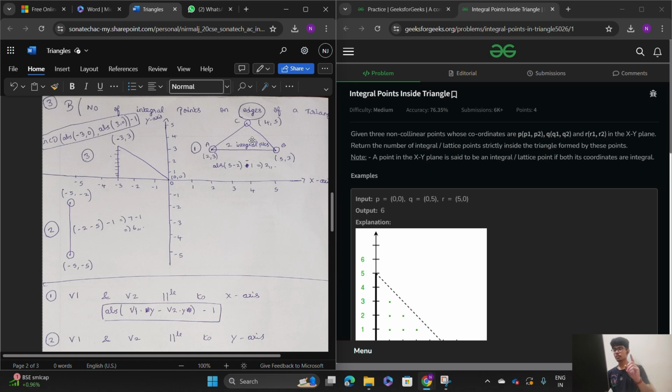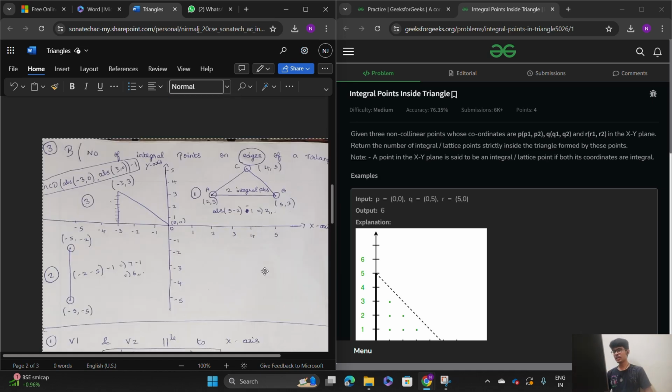And most importantly, there are three main test cases which are going to fall in this boundary line. The first one is when vertex 1 and vertex 2 are parallel to the x-axis. In that case, what I'm going to do here is separate the y points by 1. For example, let me take this example.